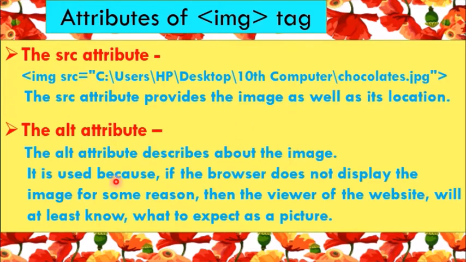Now next one is the alt attribute. The alt attribute, that is the alternate attribute, describes the image. It is used because if the browser does not display the image for some reason, then the viewer of the website will at least know what to expect as a picture.